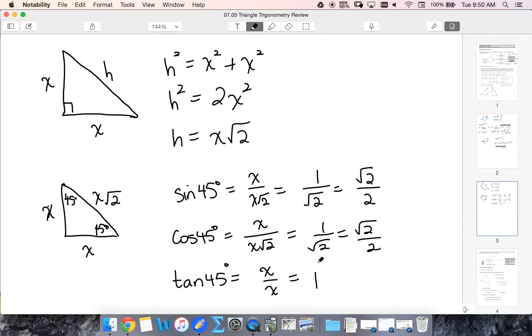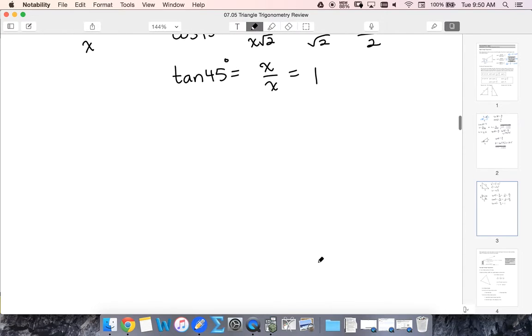The next special one is 30, 60, 90. So if I have a 30-degree angle, that looks more like the 60-degree angle. So let's put our 30 down here, and let's put the 60 up here.